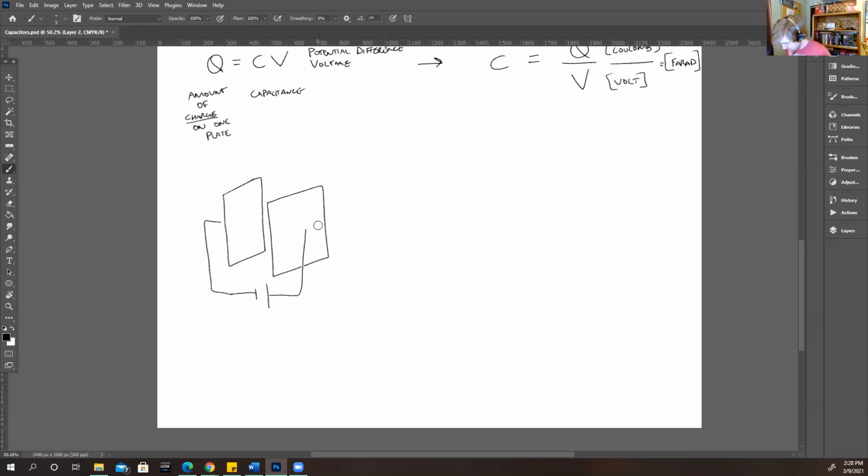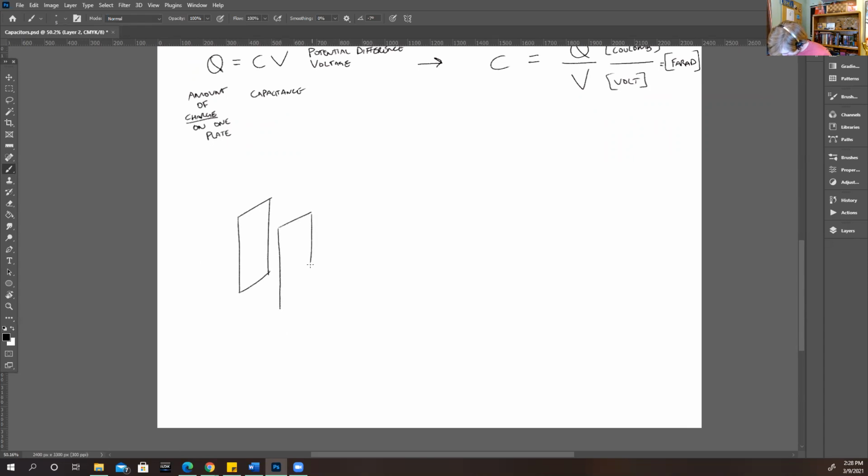Let me make that better. Okay. So we have this capacitor.